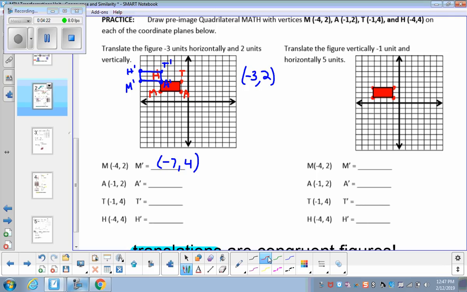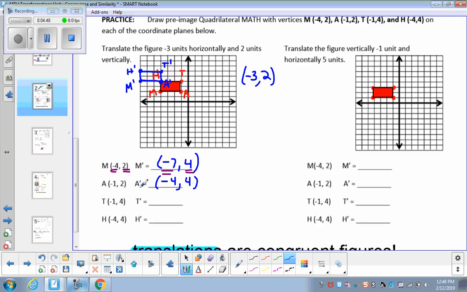Take a look and see if you notice that right here from the preimage, if it moved back 3, now it's at -7, and then if it moved up 2, now it's at 4. So if the next one moves back 3, that'll be at -4. And if this moves up 2, it'd be at 4. And we should see A prime at -4, 4. And what do you know, right there, we do.